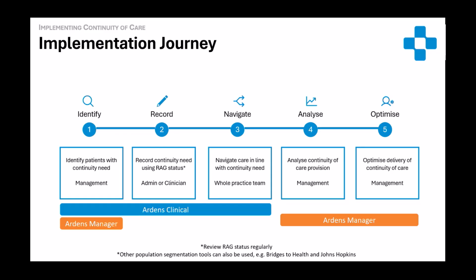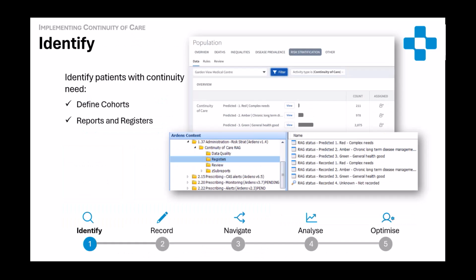But let's dive a little bit deeper into the model itself, starting with the identify stage. So here we start to identify the right patients. This isn't about doing everything at once. It's about starting with a cohort of patients. Now that might be your registers, or it might just be high frequent attenders, patients with multiple conditions, or even your frail patients.